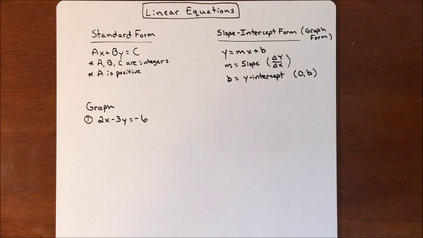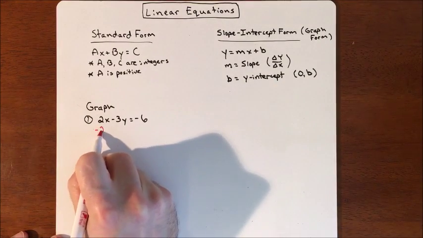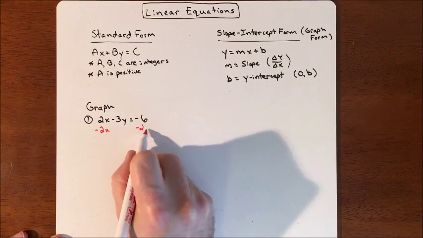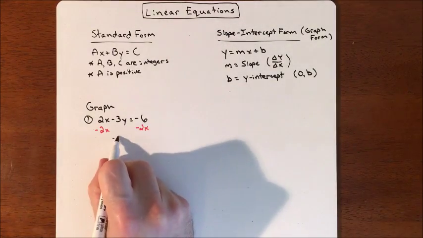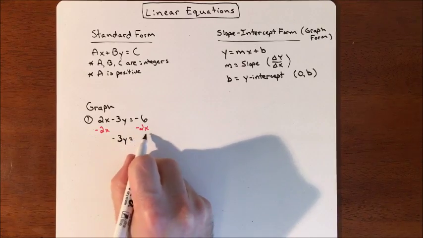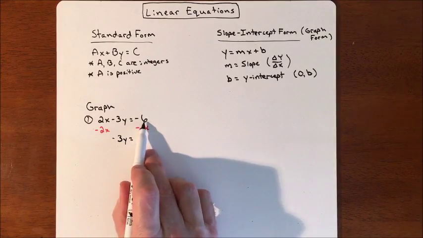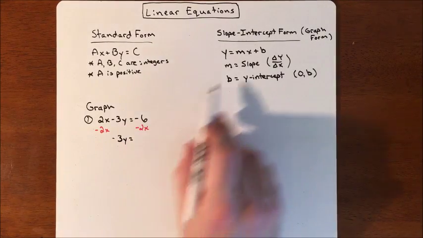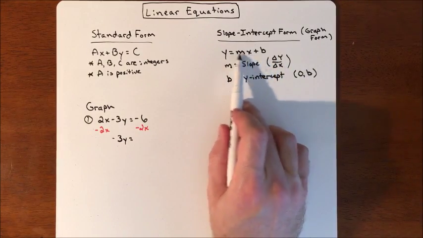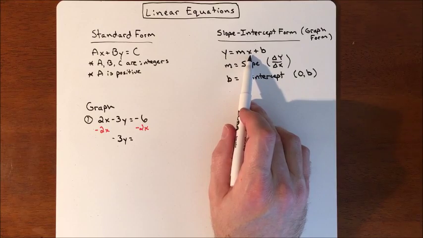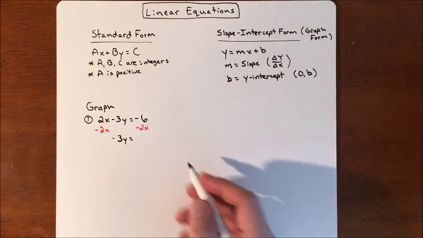So first thing is, I'm going to subtract the 2x over. That's going to get us a negative 3y equals. Now I could just put a negative 6 and then minus 2x, and it's not wrong, but I like to keep it consistent where my mx, my slope and my variable, are first, so I just always know where they're at.